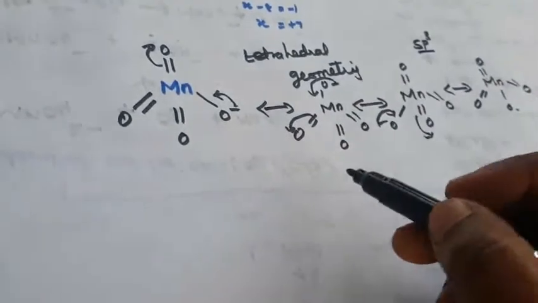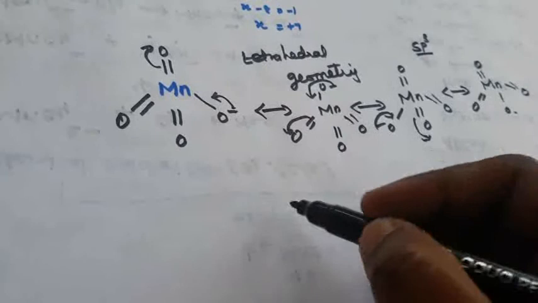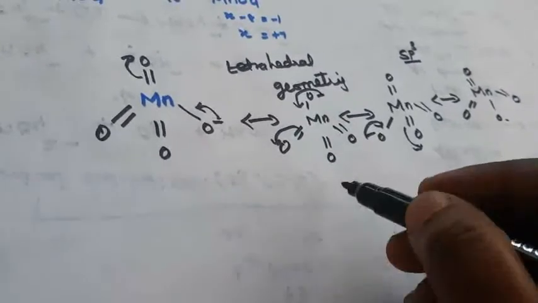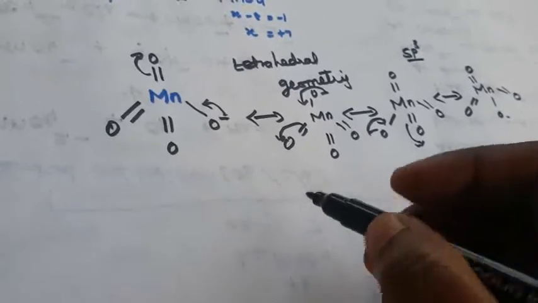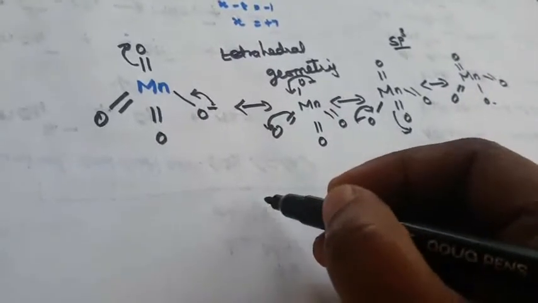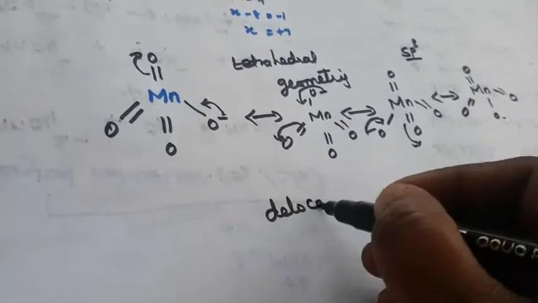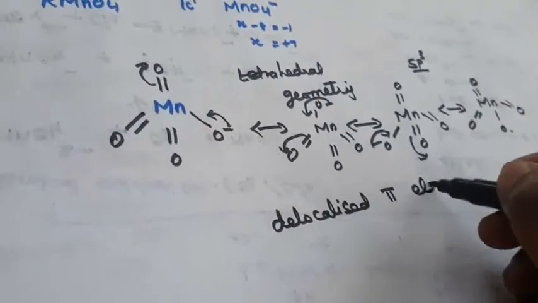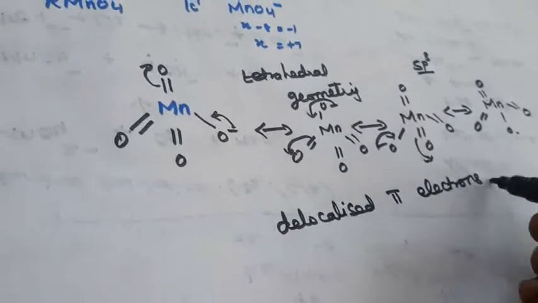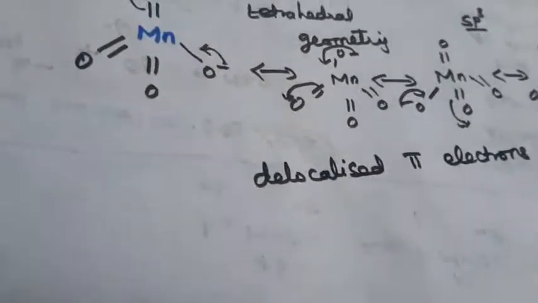Due to the delocalization of pi electrons, it exhibits the resonance structure. Okay, so this is the structure of the permanganate ion.